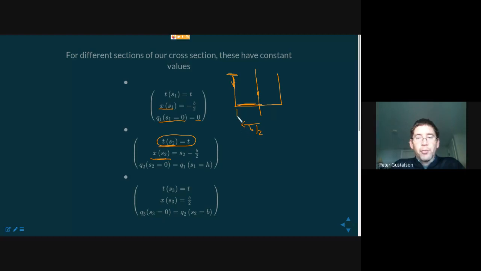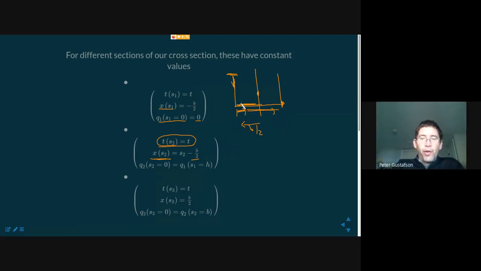Since S was positive here, when S is equal to 0, the magnitude is still minus B over 2, but then it decreases as you go this way, up to the point where it's equal to positive B over 2 when you get to this corner. So if S2 is equal to the entire length B, you get B over 2 over here. So it's minus B over 2 here, plus B over 2 here, and linearly interpolated between those two.